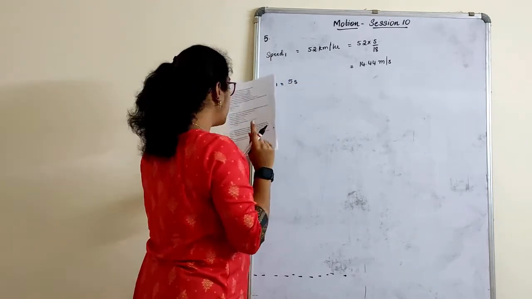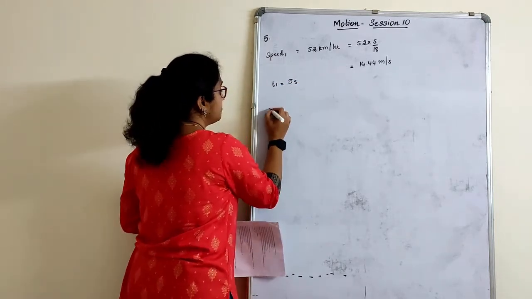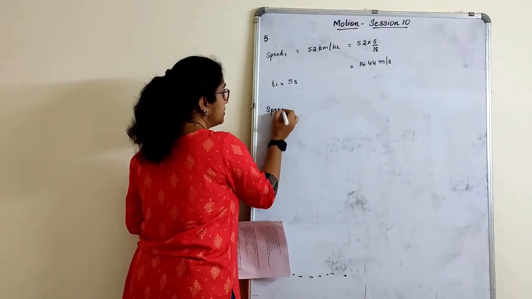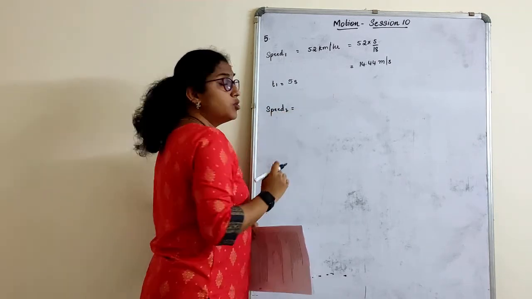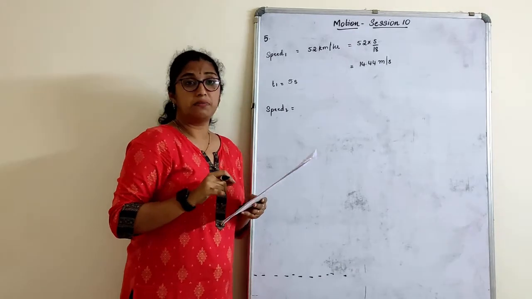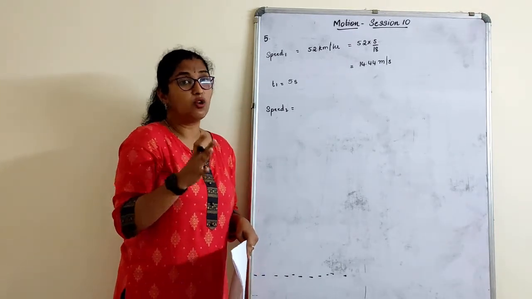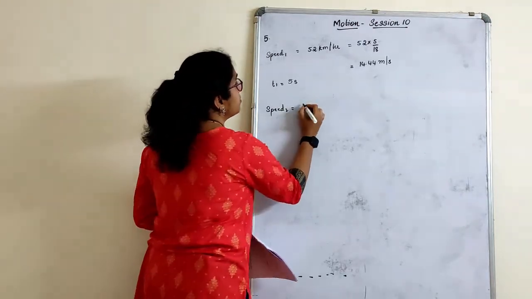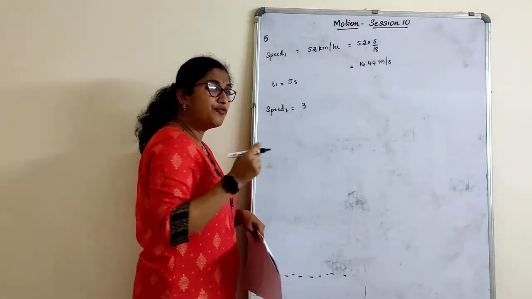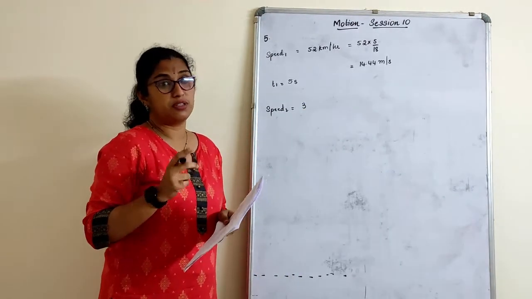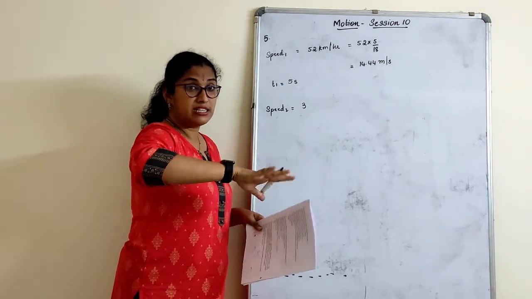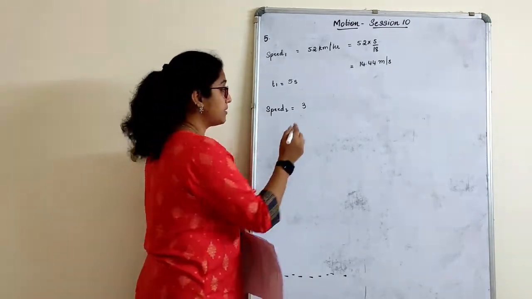The next one, another driver going at speed 2. In most of the books it is 3 km per hour. Very few textbooks consider that as 30. I go with 3, children. As per the book, there are quite a few mistakes in the textbooks; one textbook says something, another reads something else.